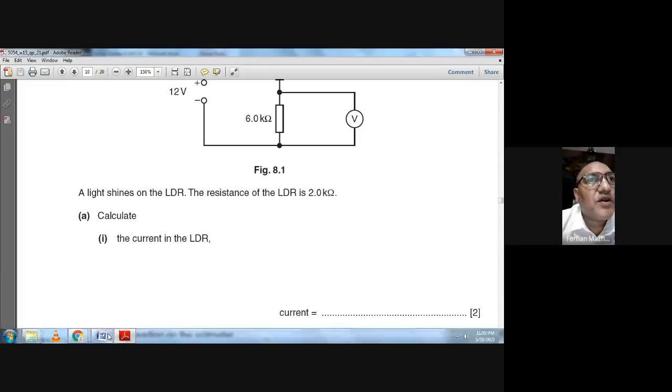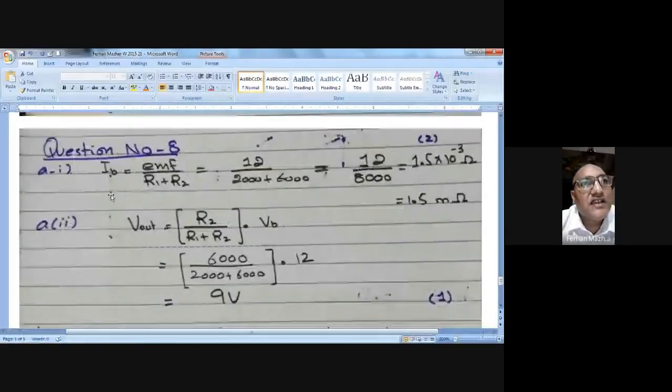On your screen you can see the current from the battery is equal to EMF divided by R1 plus R2. So it will be 12 divided by 2000 plus 6000, and it will be 12 divided by 8000, and the answer will be 1.5 times 10 to the power minus 3. By mistake here I have put an ohm sign. Don't put ohm sign here. It was amps. Put a capital A here.